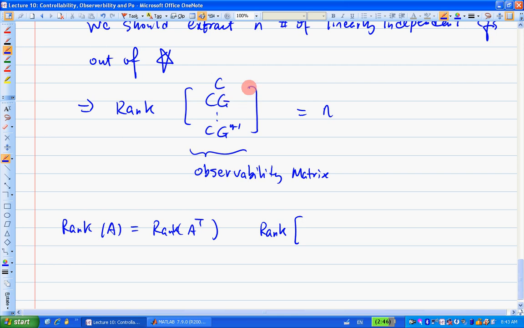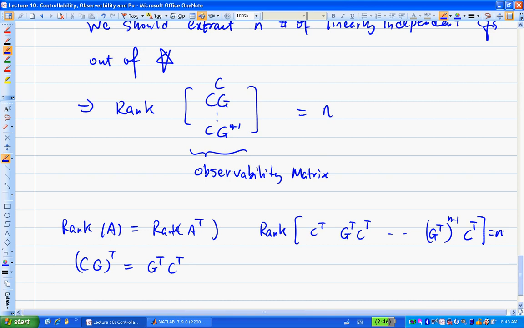The transpose of a column becomes a row, and the transpose of CG is G transpose C transpose, up to G to the power of n minus 1 transpose times C transpose.